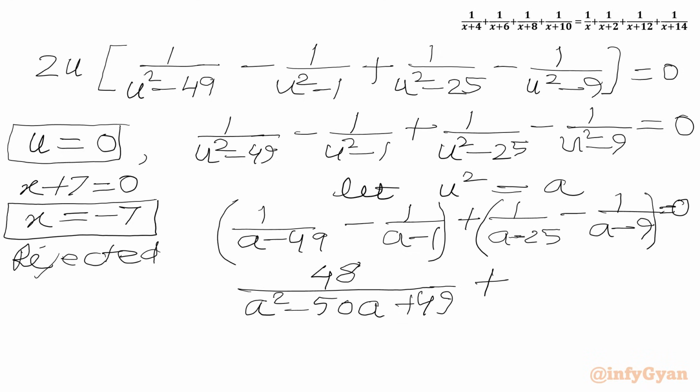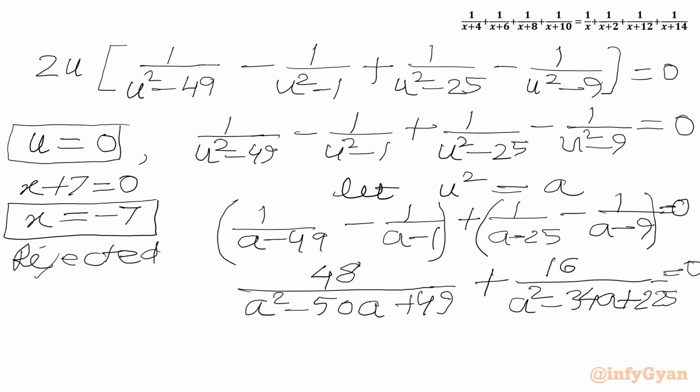So 25 minus 9 is 16. We'll write 16 in the numerator. In the denominator, we'll get a square minus 34a plus 225 equal to 0.